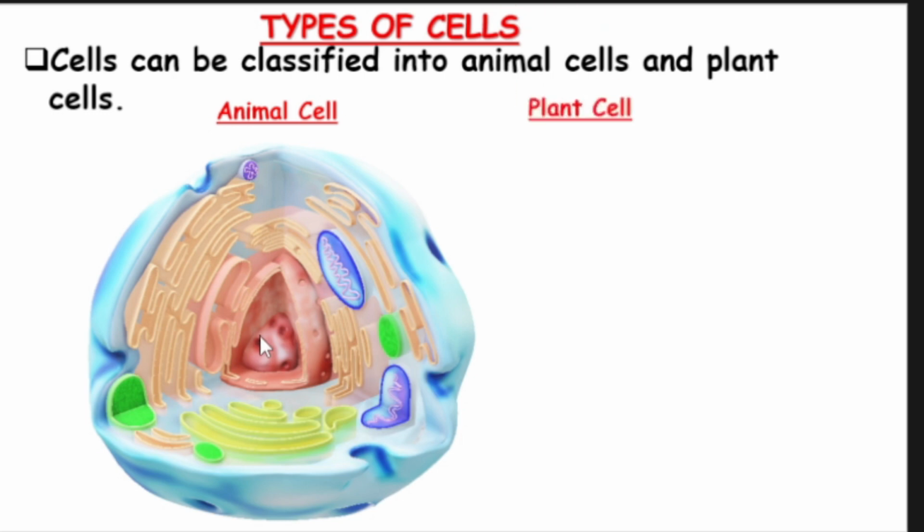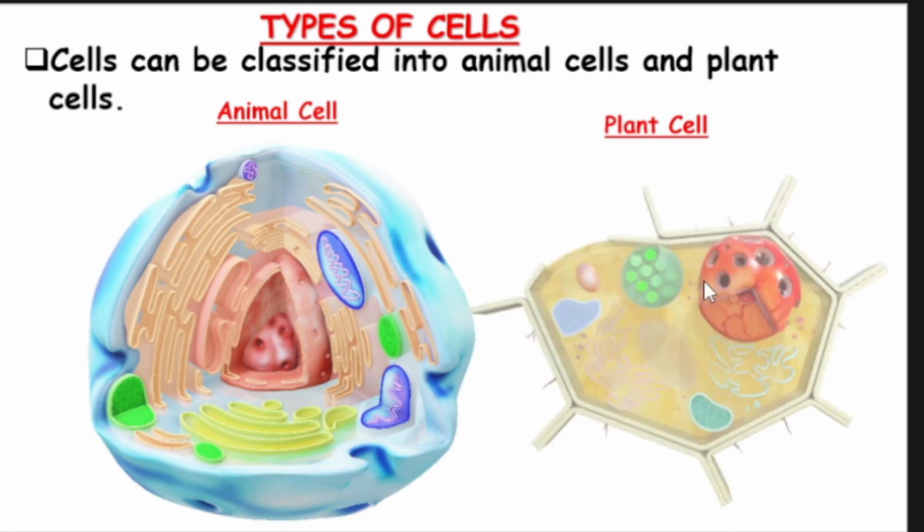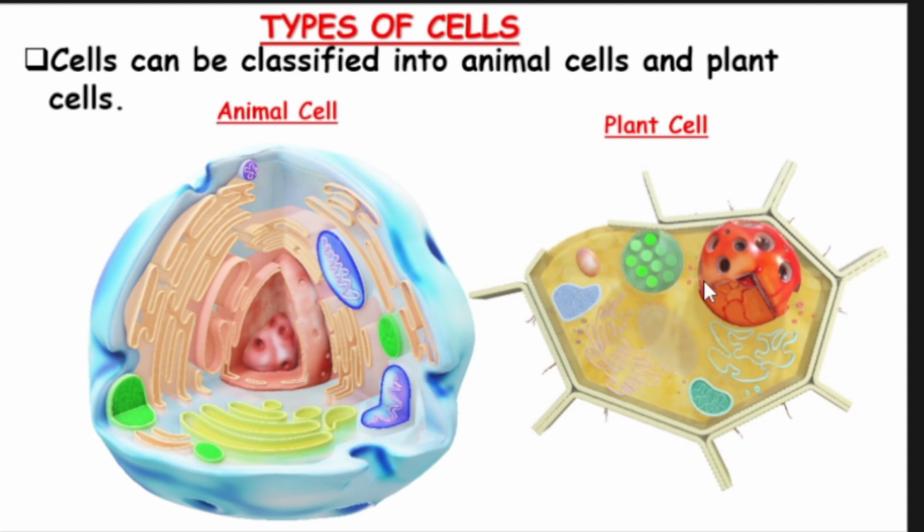We are also going to look at how a plant cell looks when observed under an electron microscope, with its internal parts as shown here.